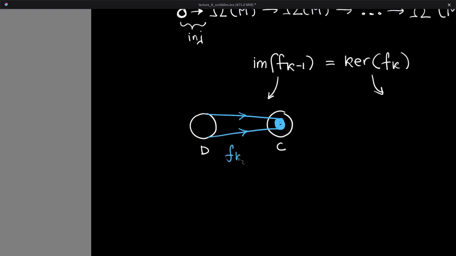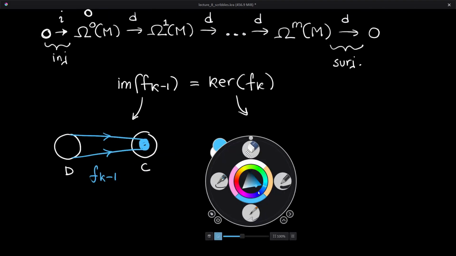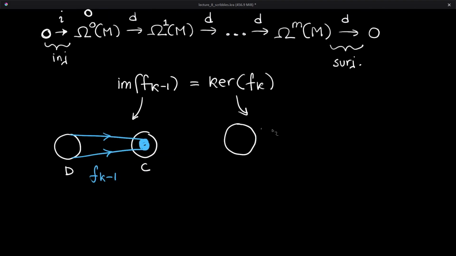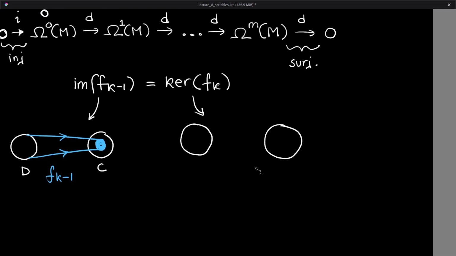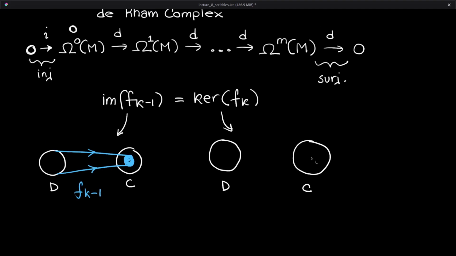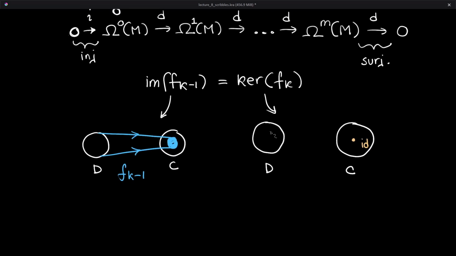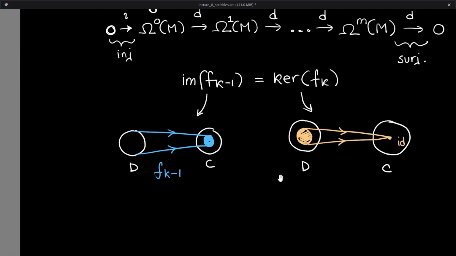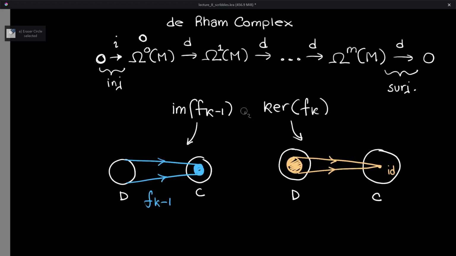Let's say that that's f_{k-1}. And let's do the same thing for the kernel. Again, this is the domain, this is the codomain. We have this 0 element in the codomain, or the identity element, let's say. The kernel is the subset of the domain that maps to that single identity element, right? Oh, sorry, this shouldn't be equal. This should be subset or equal, right?